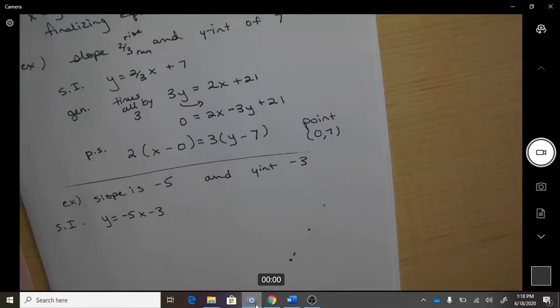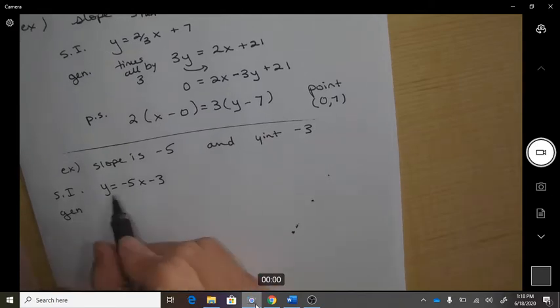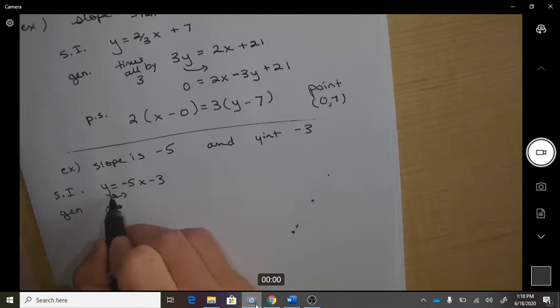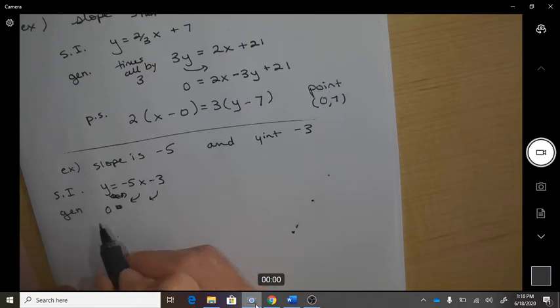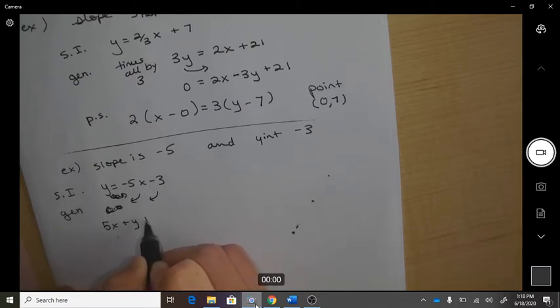If I was to pick general form, then I have to just move everything to one side. There's no fractions, so that's good. So I'm just going to move that. Actually, I don't like this negative x. So I'm going to move that and that. So 5x plus y plus 3 equals 0.